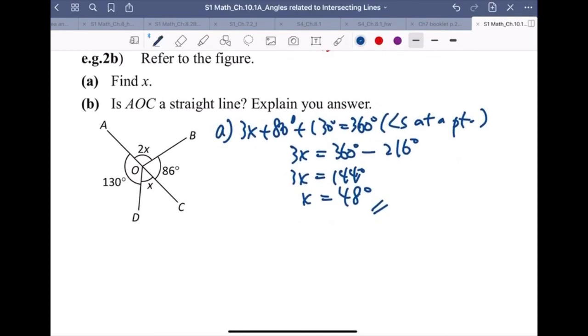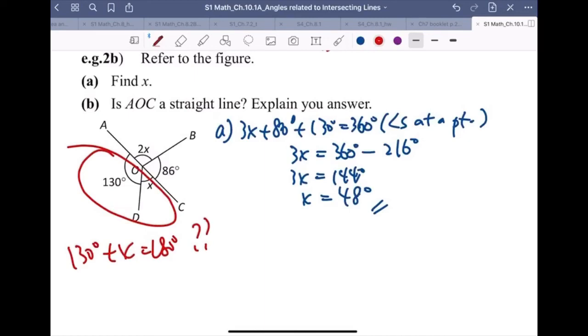After we finish part A, for part B we should make use of our answer in part A to help us. So let's see, OC is here. That means straight line AC. Here, 130 plus x, 2x plus 86. That means we should check whether this adds together to equal 180 or not.